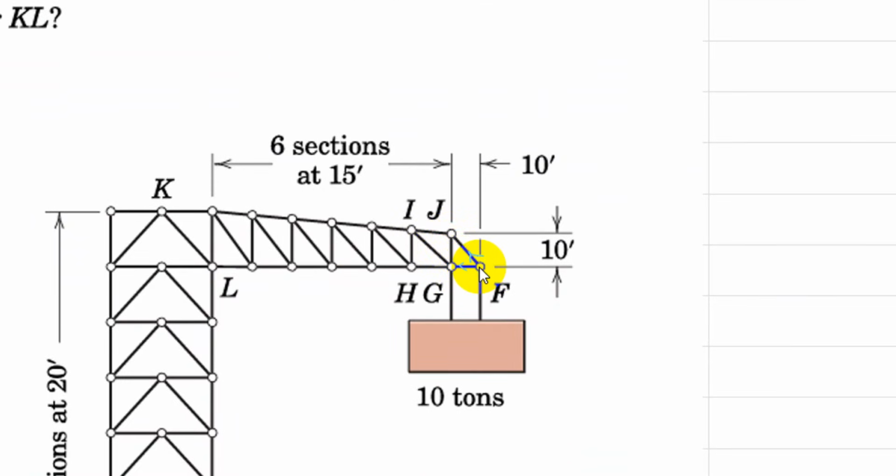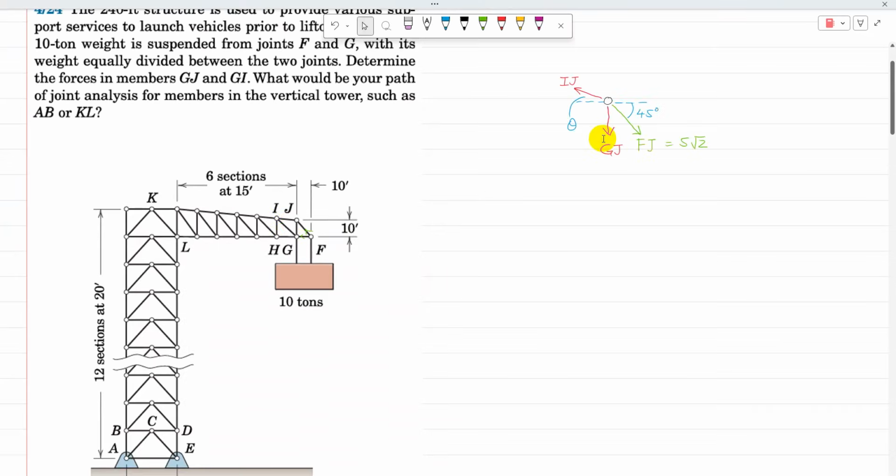Now after joint F, I need to move to the adjacent joint, J or G. At J there are two unknown member forces, and at G there are three unknown member forces, so I'm going to start with joint J. I need to isolate joint J. The free body diagram of joint J is drawn here, and there are two unknowns: GJ, acting vertically downward, and IJ, an inclined member whose angle is unknown.